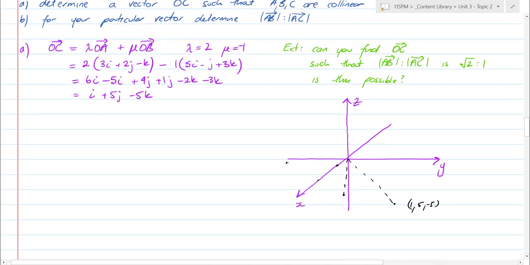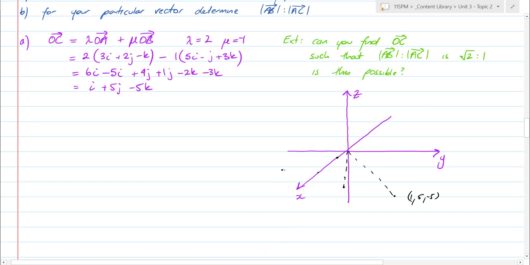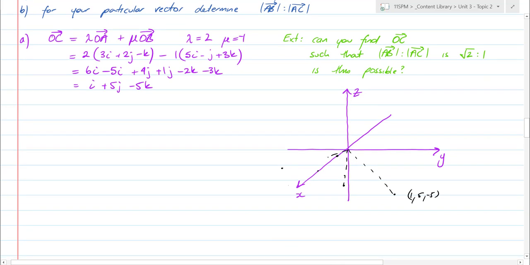And I should have collinearity, but my sketch might not be perfect. But let's say it's here. That's B, that's A, and this is C. So you can see my C has ended up outside of the AB line segment, but I should get collinearity from that decision. What were your coordinates for C?